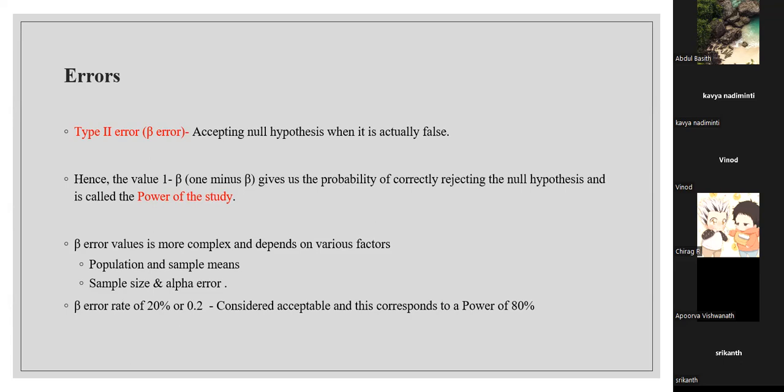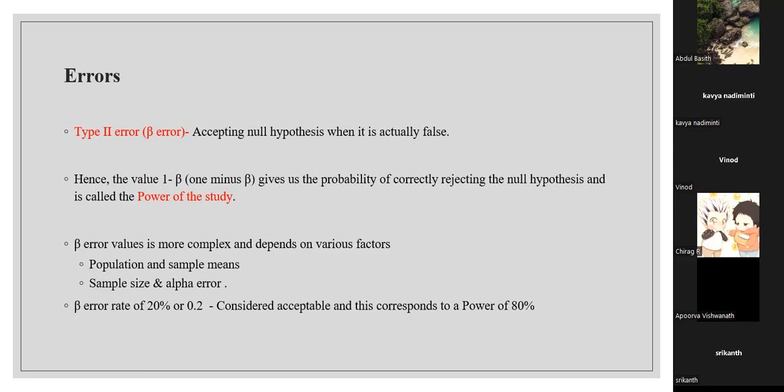It means if it is a high power study, the false negativity will be less. The lesser the false negativity, the higher is the power of the study. So if you want a higher power study, you should have a larger population and larger sample size. That is the problem. Ideally you should have 95%, but it requires a very large sample size.